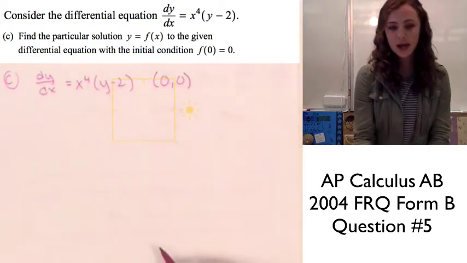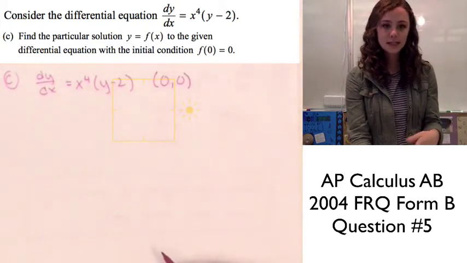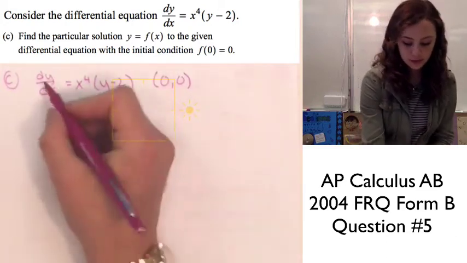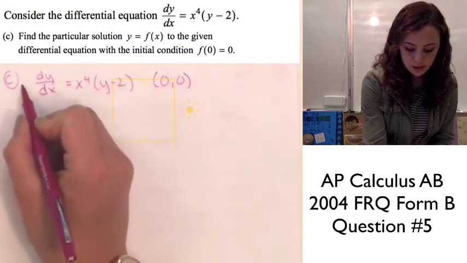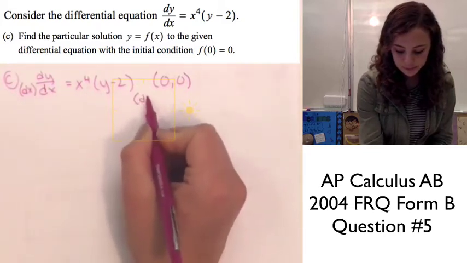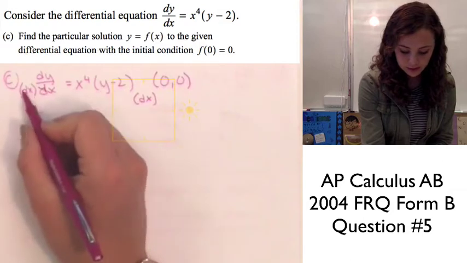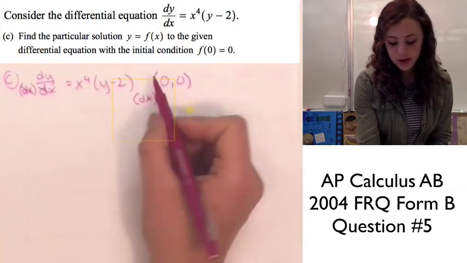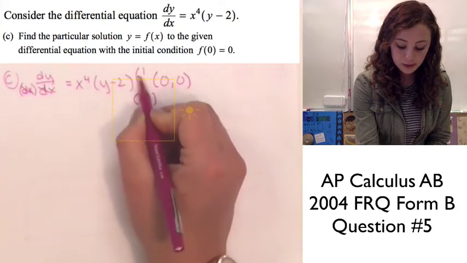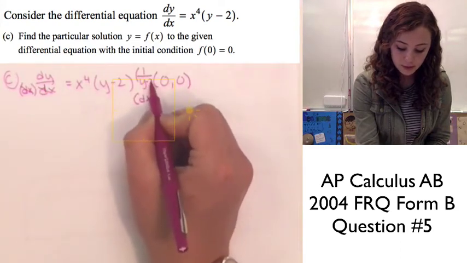So let's go ahead and get everything that has x's onto the right side and everything that has y's onto the left side. So to do this, we'll multiply both sides by dx, which will effectively cancel that out, and we'll divide each side by y minus 2, which is the same as multiplying by 1 over y minus 2.